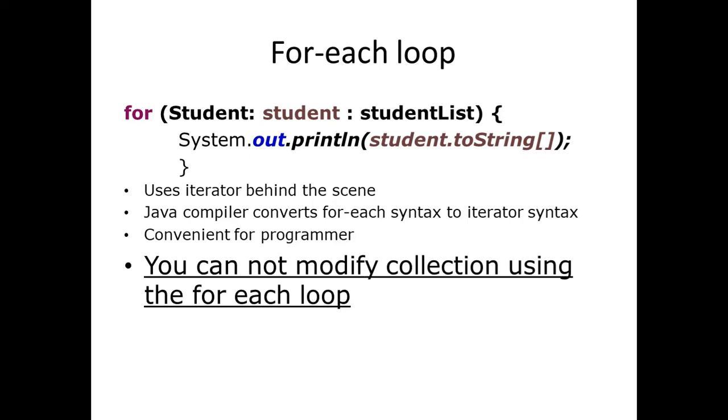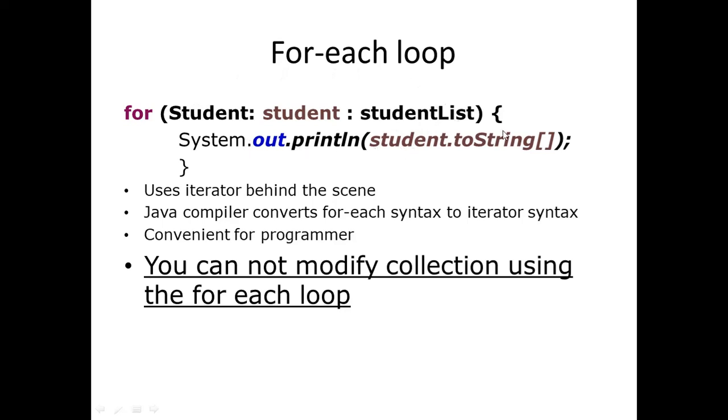What do you do in a for each loop? You do it like this: for Student student colon student list. This particular colon shouldn't have been there; I'll correct it when I send the PPT to you. That means a student reference which refers to student type objects in the list student list, and do what with each object?